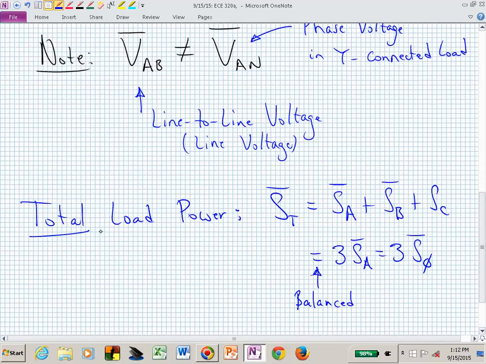And that's the total load power, all 3 phases combined.